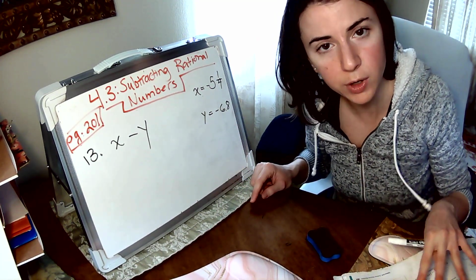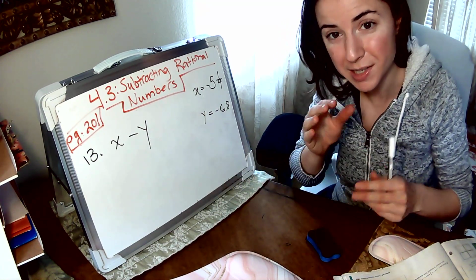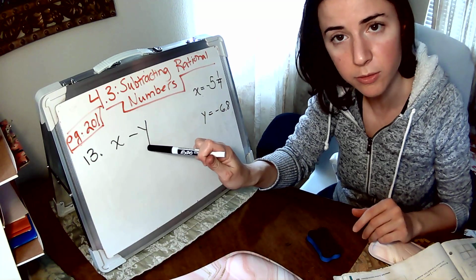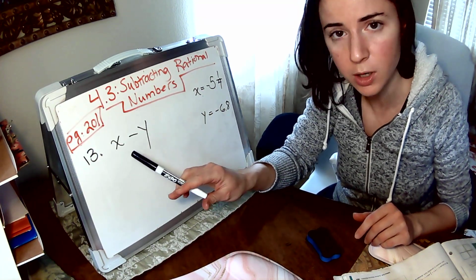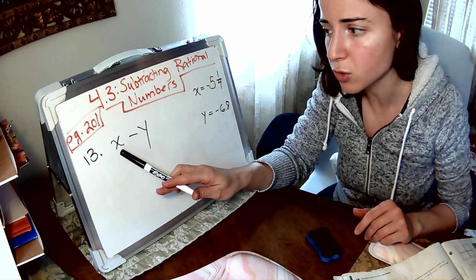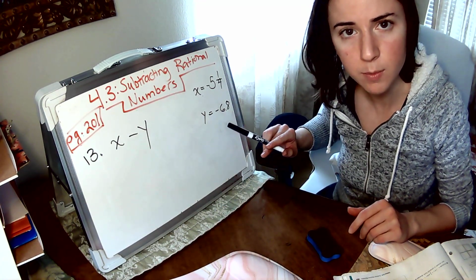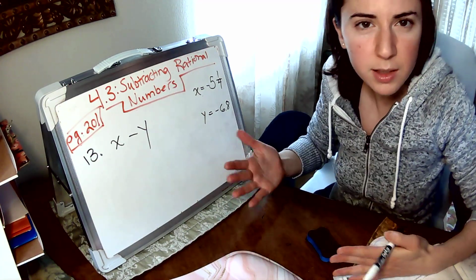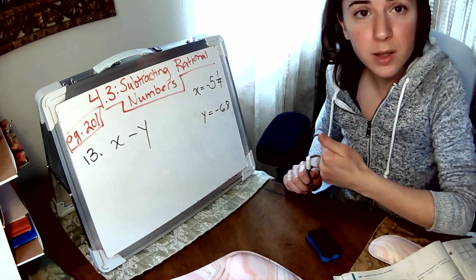So they're trying to prepare us to plug in or replace variables. These letters in pre-algebra and algebra are called variables, to replace variables with some number value, okay? So we basically just need to replace x with negative 5 1/4 and y with negative 6.8.